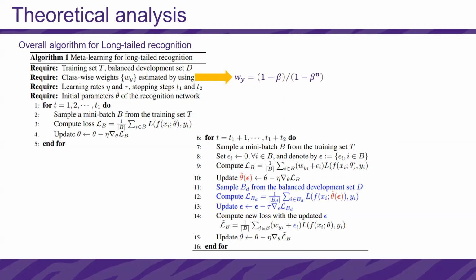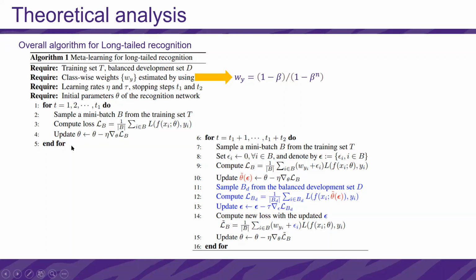So here is the algorithm for the long-tailed recognition presented in this paper. Here are two stages to learn the epsilon and the W. The first five lines, it doesn't matter, it's just common training.